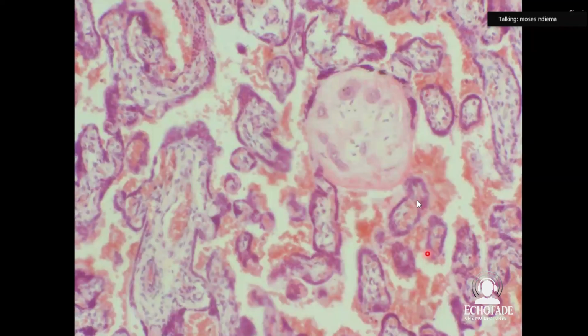Currently, the theory is that both layers are there, both cytotrophoblast and syncytial trophoblast. And these chorionic villi are surrounded by maternal blood. So there's no mix-up between maternal and fetal blood. Maternal and fetal blood is separated by the trophoblast cells.